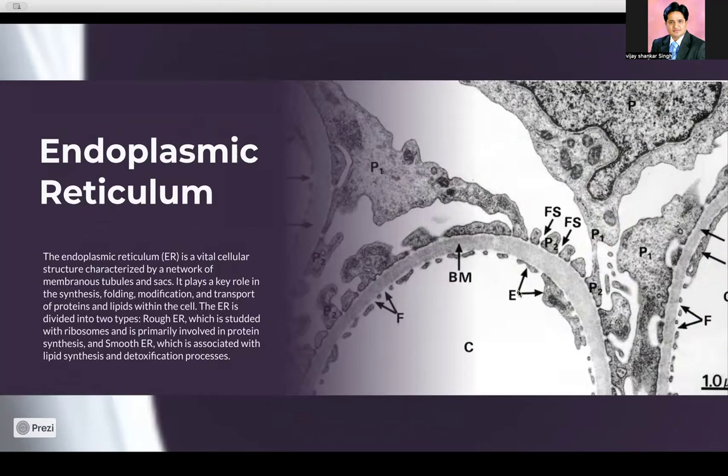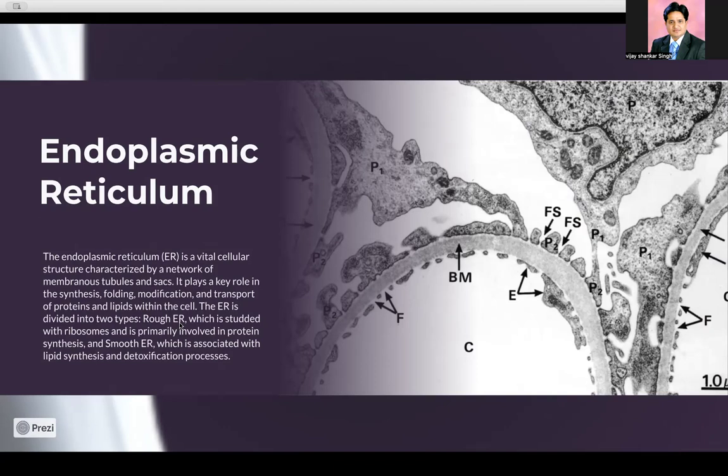Then comes the endoplasmic reticulum, also referred to as the ER, a vital cellular structure characterized by a network of membranous tubules and sacs. It plays a key role in the synthesis, folding, modification, and transport of proteins and lipids within the cell. The endoplasmic reticulum is divided into two types: the rough endoplasmic reticulum and the smooth endoplasmic reticulum.